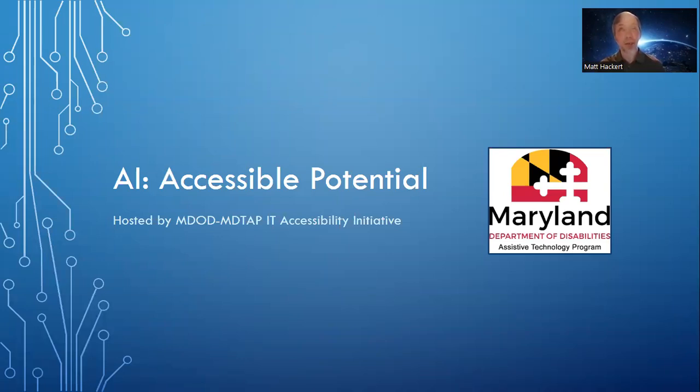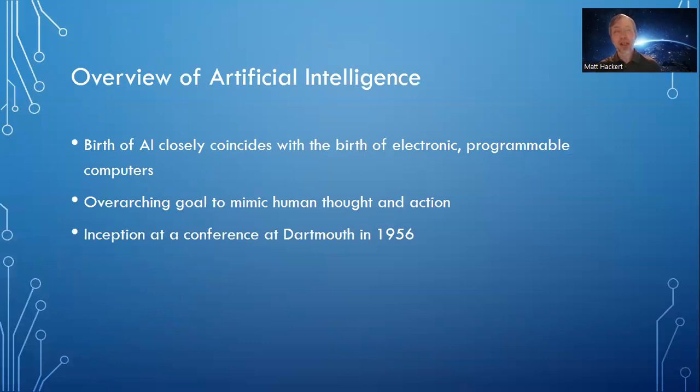I also want to give a quick overview of our run of show this afternoon. As time permitting, we will have a question and answer at the end, and I'll do my best to answer questions, keeping in mind my expertise is much more in accessibility, with more enthusiasm and interest in AI as a subject. We'll start with an overview of AI, and I'll talk about a brief history of its developments and milestones, some of the things that have been accomplished.